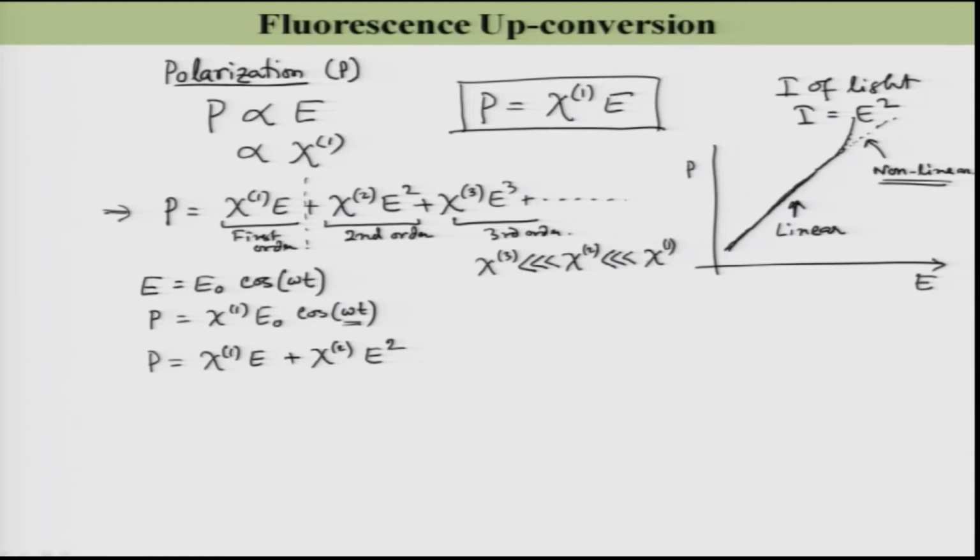It means that when the value of E is small, the contribution will only come from the chi 1 E. The contribution from the second term, third term, fourth term will be negligible. The contribution from the second term will be measurable only when the E is very high. Then E square will be very high, and although this chi 2 is much smaller than chi 1, probably we will be able to see some contribution.